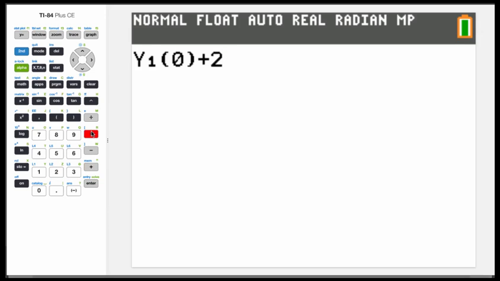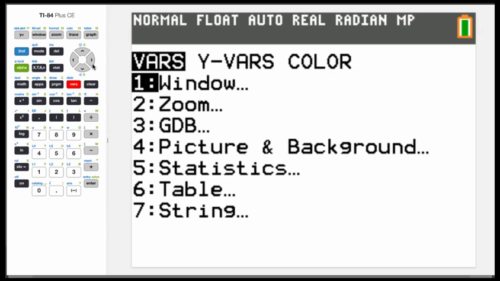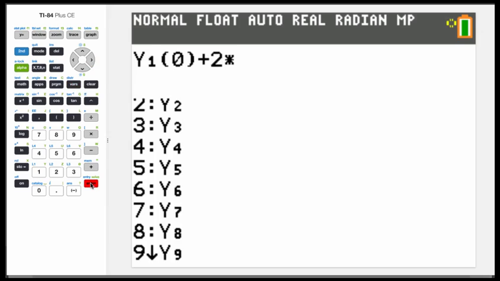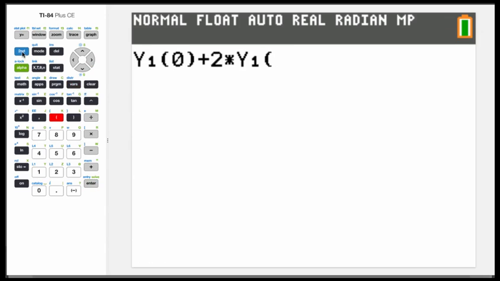Plus 2 times, now we need to do the same thing for y1 of pi over 4. So we hit vars, across the top to y vars, into function, y1, and in parentheses we will have pi over 4. We're just going to continue typing it in like that.